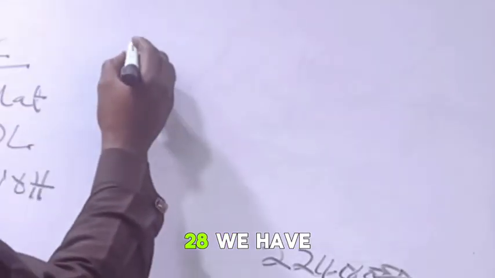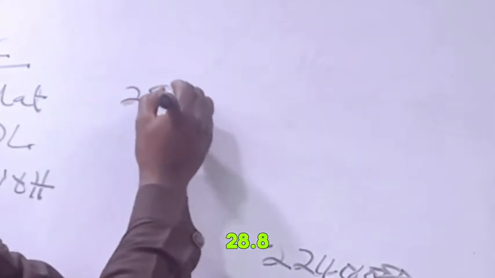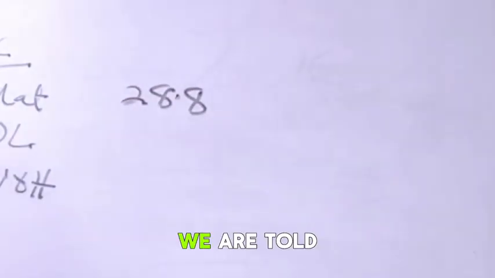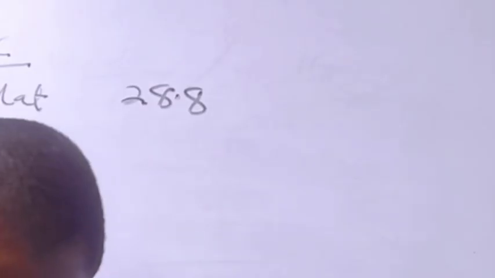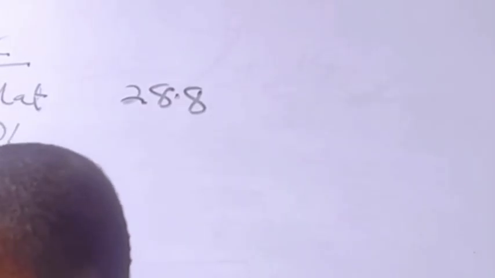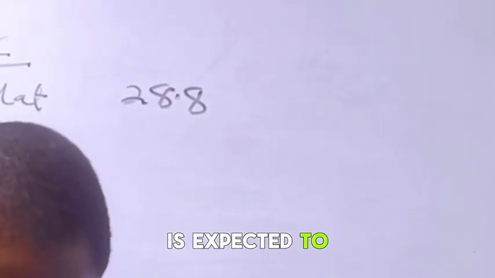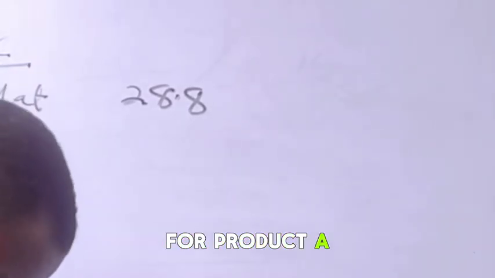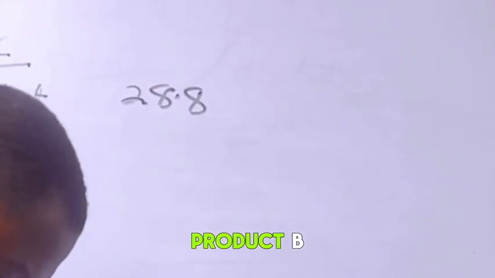So we have 28.8. We are told that direct material cost is expected to drop by 10% for product A and 20% for product B.